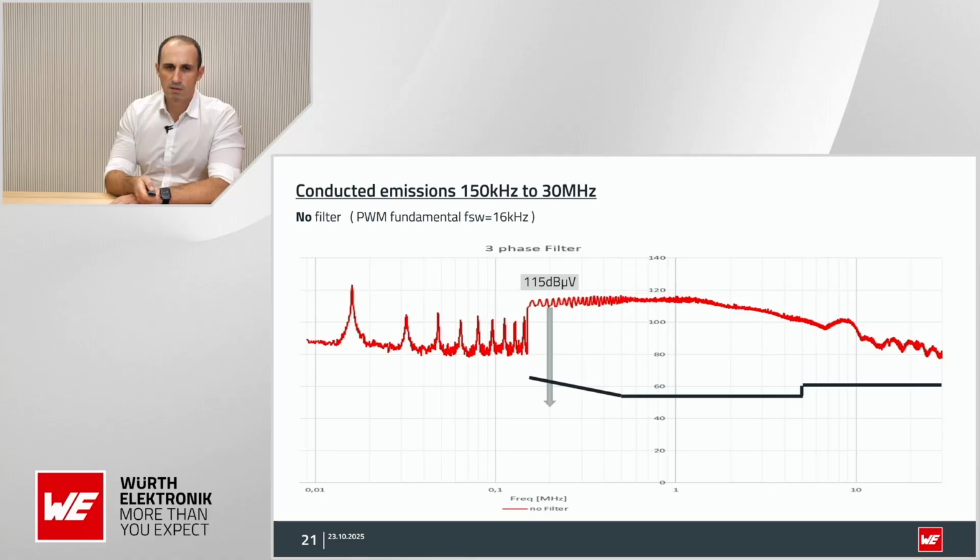We can see at roughly 200 kilohertz, we need at least to fulfill, let's say, limit class B of CISPR 16, for example, and we need there 60 dB of damping to stay under the limit with a sufficient margin. So this is our starting point, 60 dB of damping at 200 kilohertz.